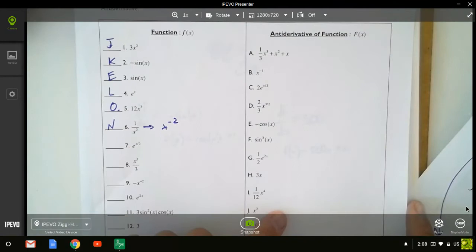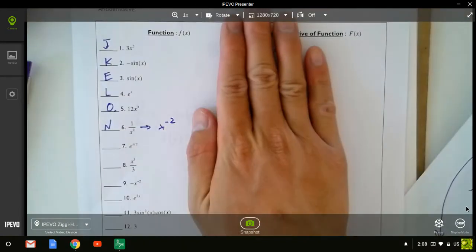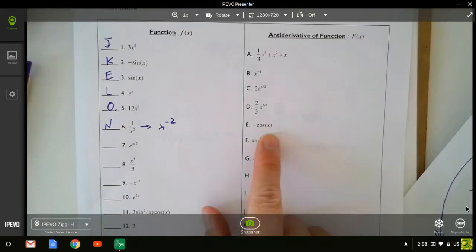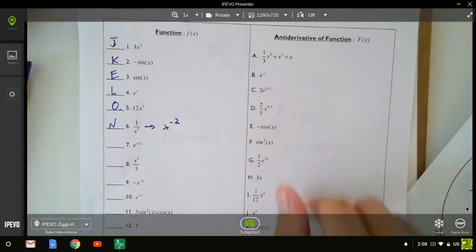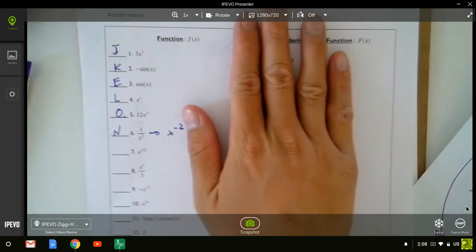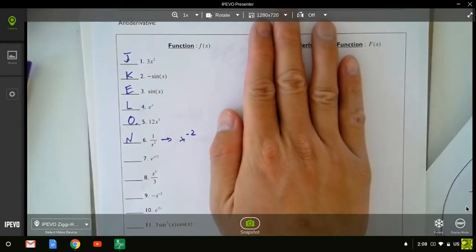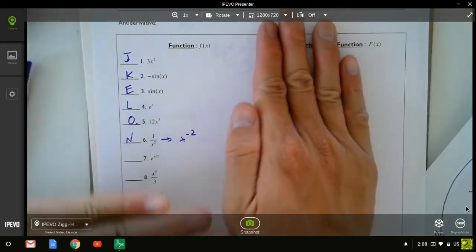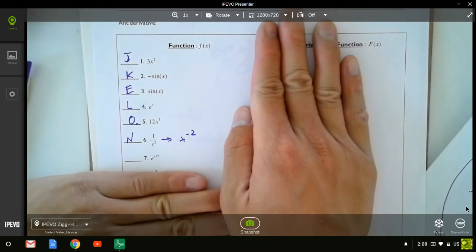It would just straight up tell you what should be the antiderivative. But in this worksheet, you can work backwards in that way. With more complicated ones, you won't be able to do that. In the future, they're just going to ask you, can you find the antiderivative for this?